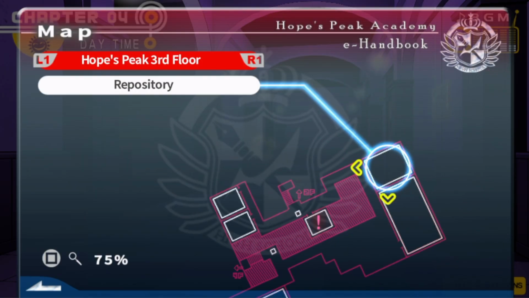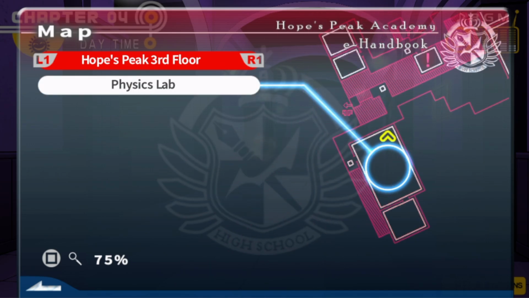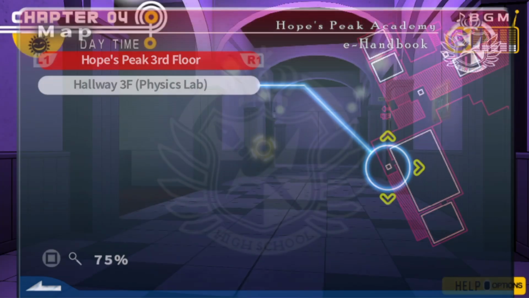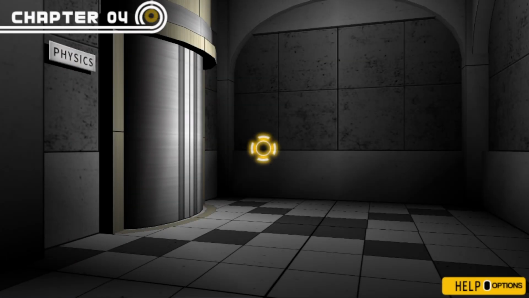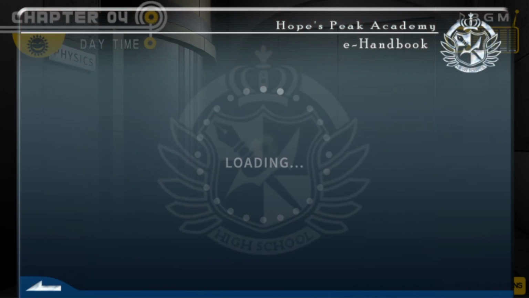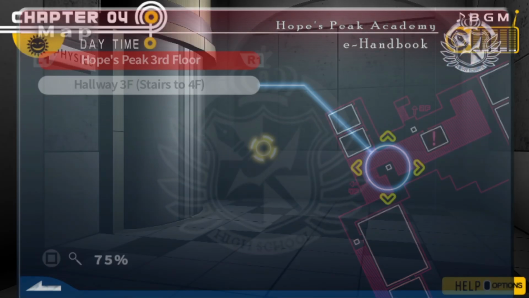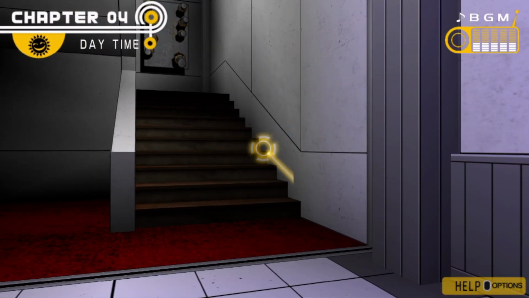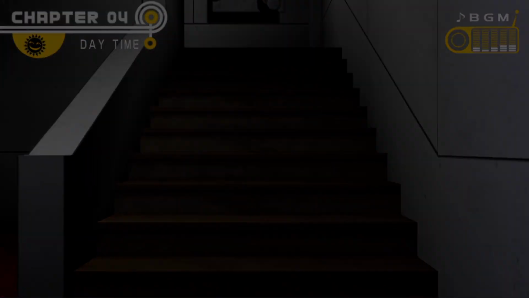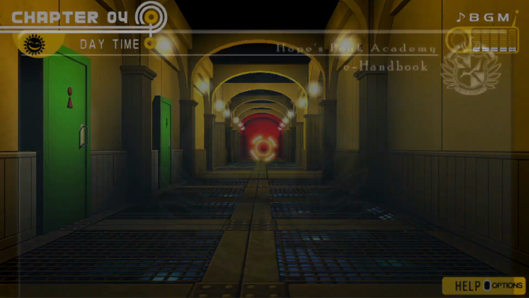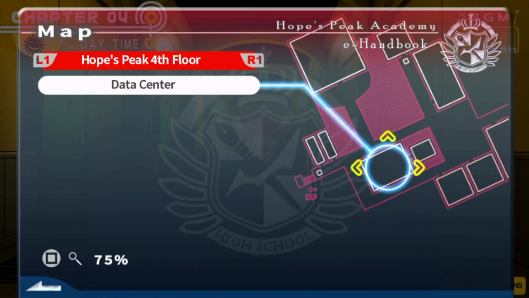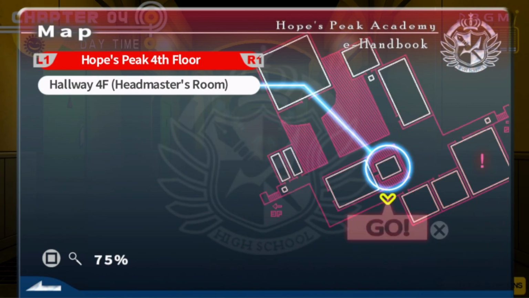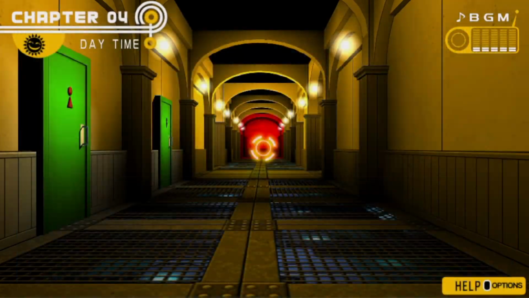This is the rec room, repository, art room, equipment room, physics lab. Oh, that was the physics lab. 4th floor. Whee! Okay, now let's go to the chem lab. That's the headmaster's room. Where's the chem lab? Over here.